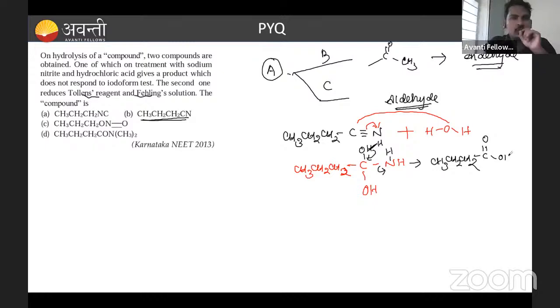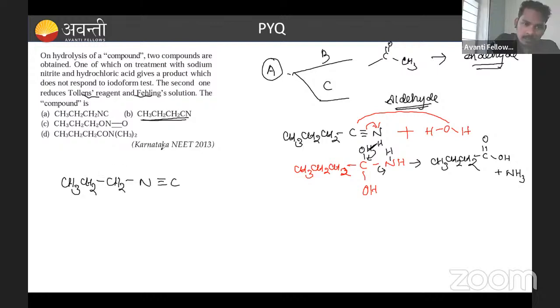Now let's see the hydrolysis of this one. CH2 CH2 and the triple bond like this. So again we will do like this. Here N, and here OH, and we are removing this one bond. After that, let's add 1 mole of water here. Here hydrogen, because nitrogen needs the hydrogen.